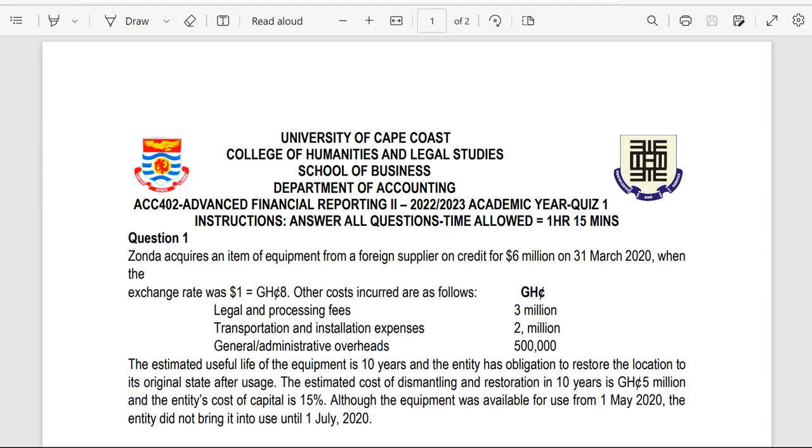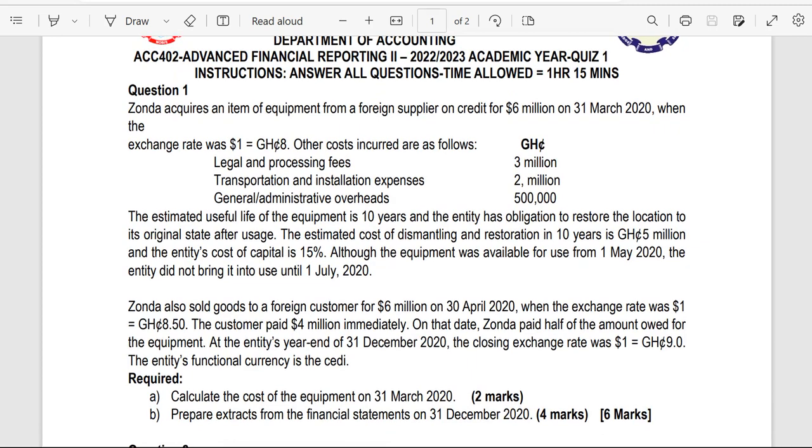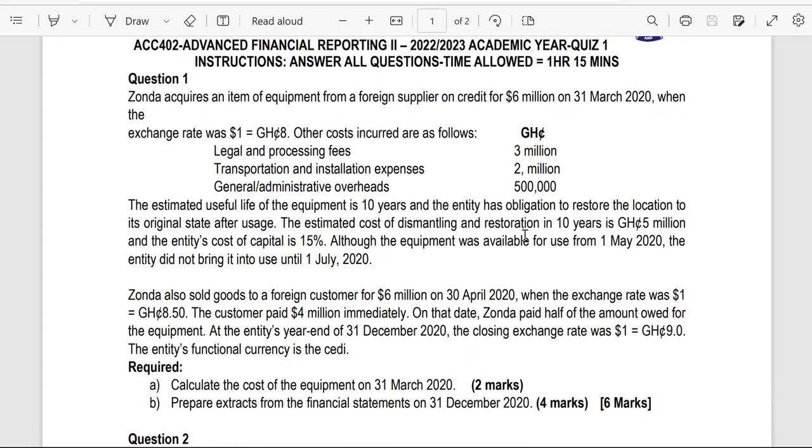In quiz 1, we dealt with IAS 21 and IAS 16, the application of those two standards in one question. So for some of you, you had this question about the acquisition of equipment from a foreign supplier, which means it was imported.